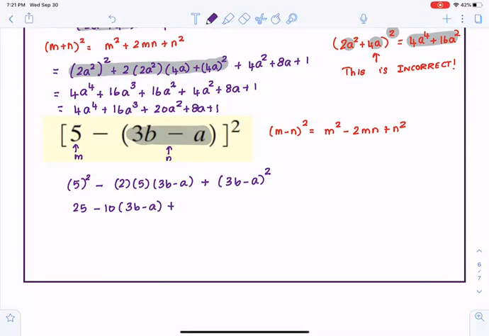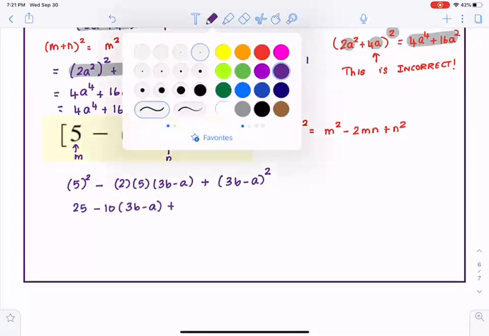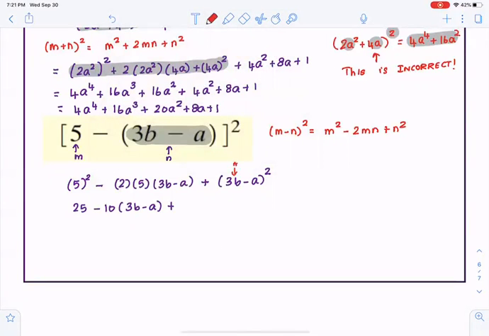But if you look at the last term, it looks like another m minus n scenario.